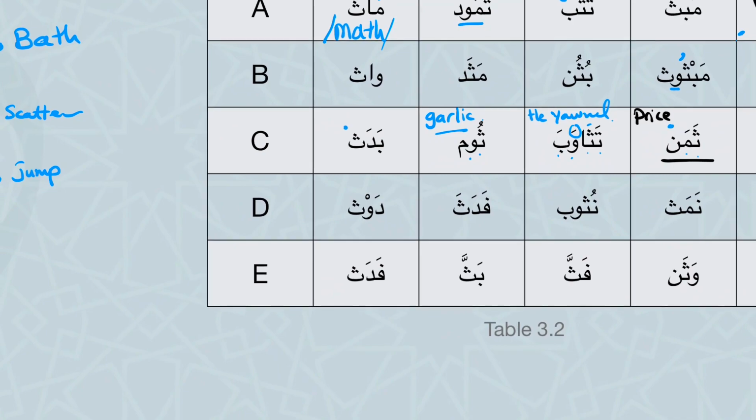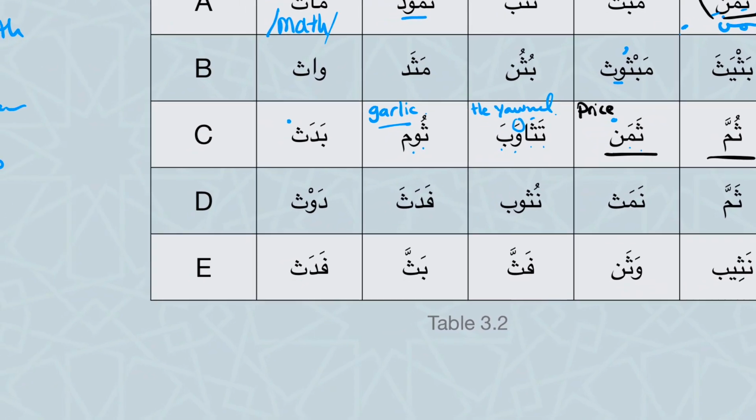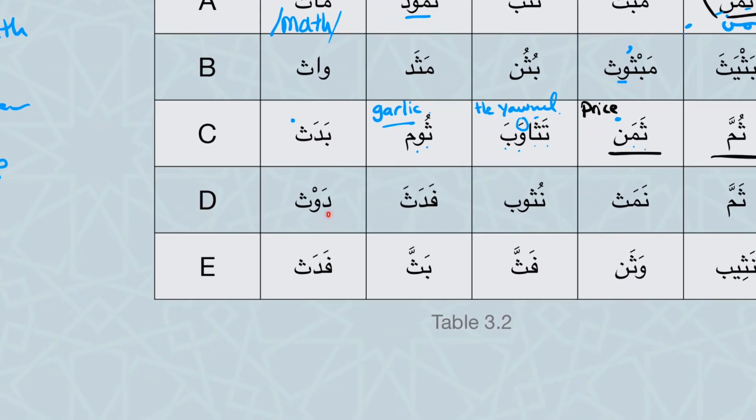Row D. Does anyone want to take row D? It's a lot easier than the previous one. Okay, no one. Okay, I'll do it then. So row D is dal with a fatha. The waw has a sukun, so it's a consonant because the letter before it has a fatha.